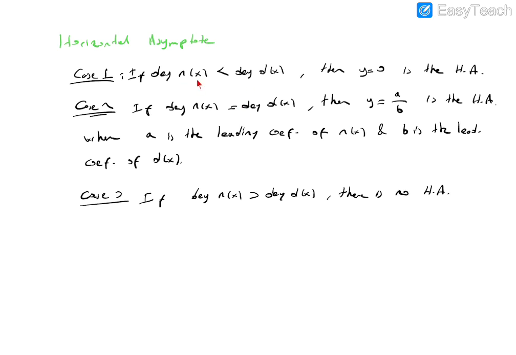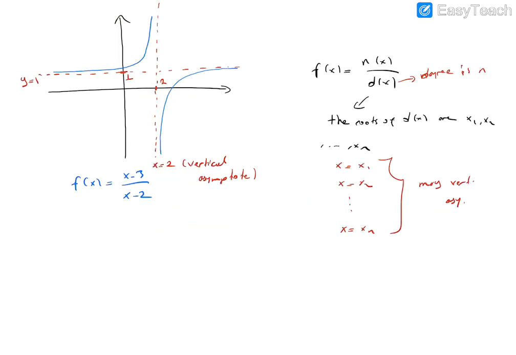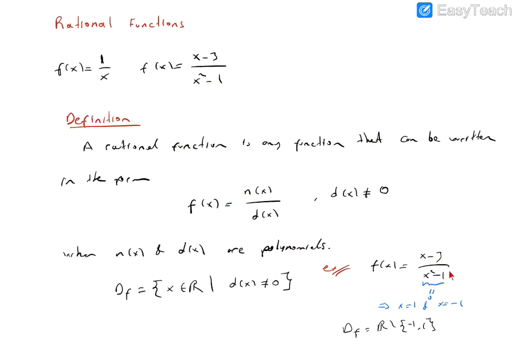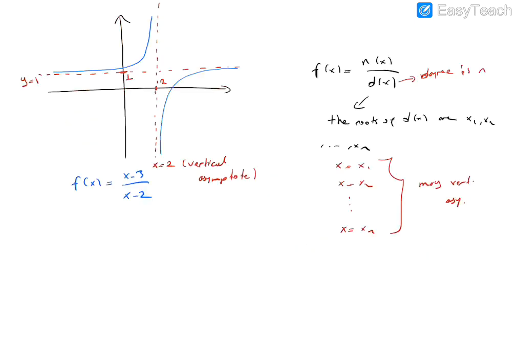So that means actually if the degree of the numerator is less than the degree of the denominator, when x goes to plus infinity or minus infinity, y approaches 0, so y equals 0 is the asymptote. If the degrees are the same, a over b is the asymptote. Let's turn back to this example. Not this one, sorry. Here. So the degrees are the same, degree is 1.